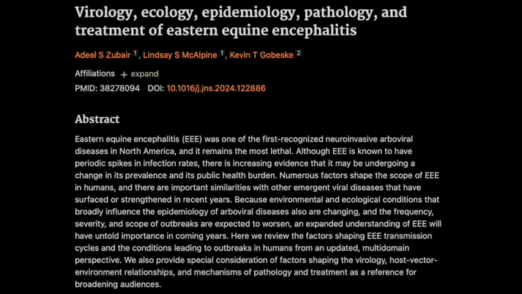Damage to these nerves can lead to facial drooping, double vision, difficulty swallowing, and loss of smell. So the impact can be widespread, not only to the brain itself, but to the nerves that connect the brain to the rest of the body. And about half of the people that survive end up with some level of neurological impairment.